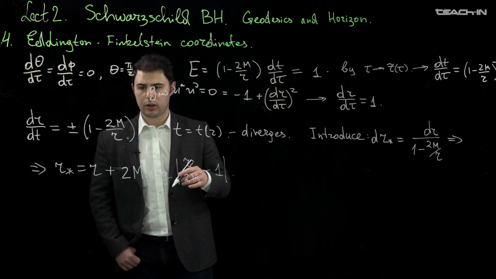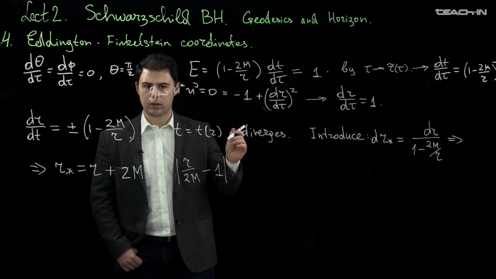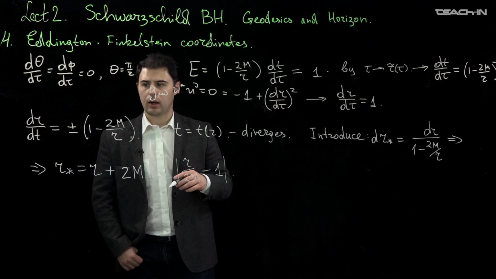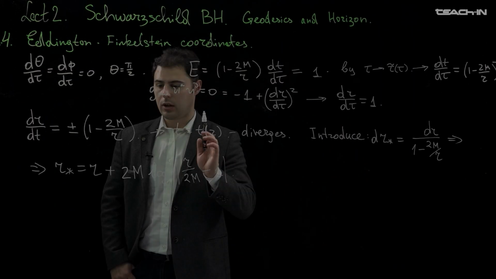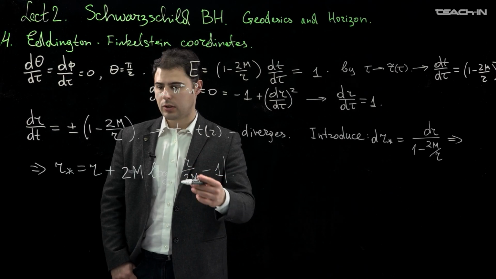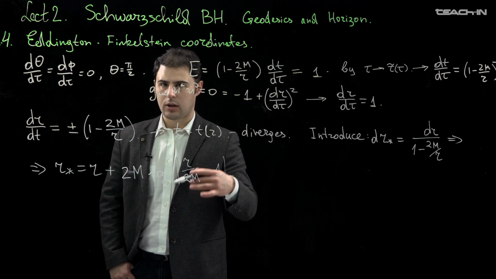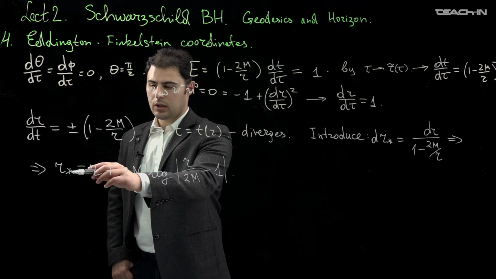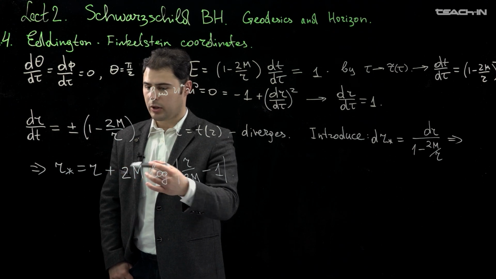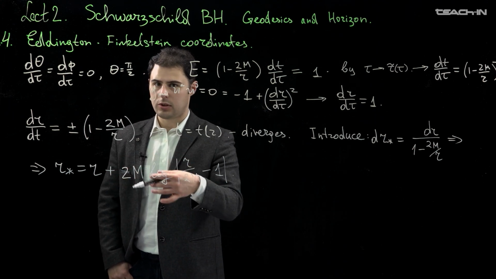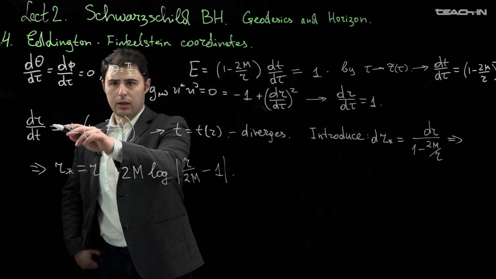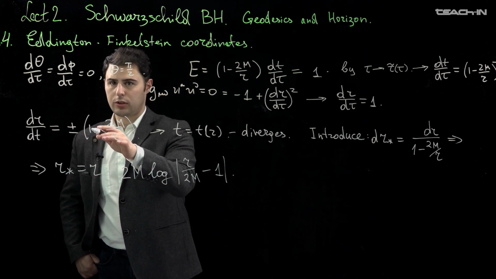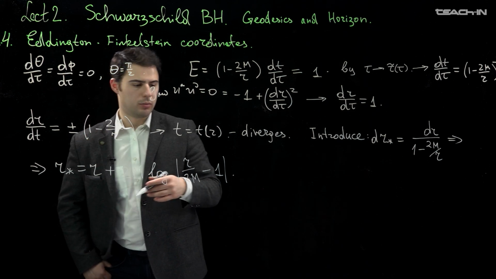We're interested in the ingoing geodesics. And note that for large radius, this regular radial coordinate asymptotes to the standard radial coordinate. So the radial geodesic equation then simplifies.